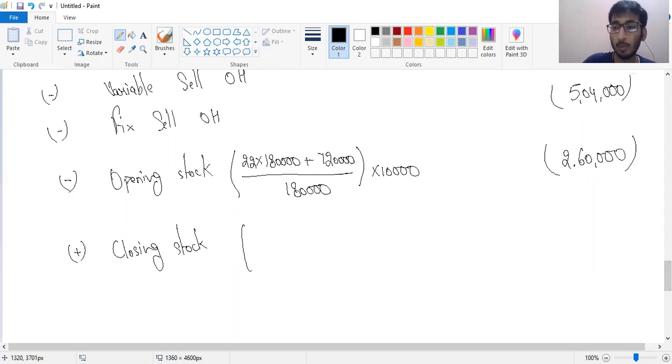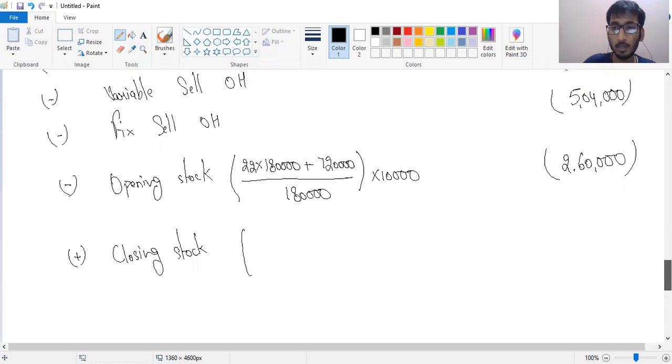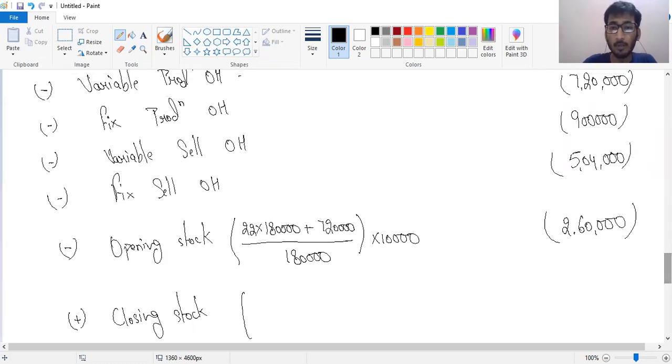So closing stock would be calculated as per this year figure. So total it is 3,60,000 plus 70,000. So it is 43,20,000. So let's calculate, 36 lakh plus 7,20,000. If it is for 1,60,000 units, then what it would be for 20,000 units?